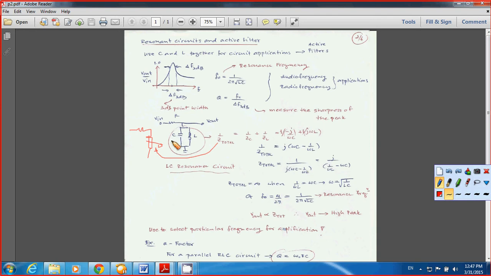1 over j omega C. For the frequency here, let's start with low frequency, and you move to high frequency from the left to the right.